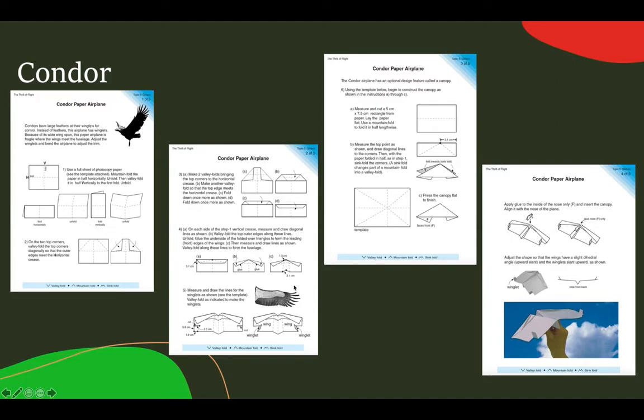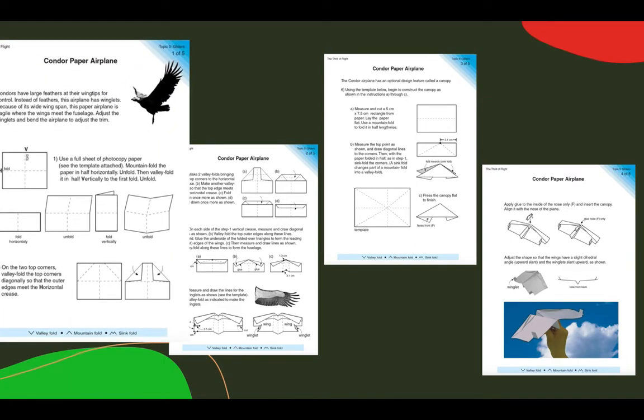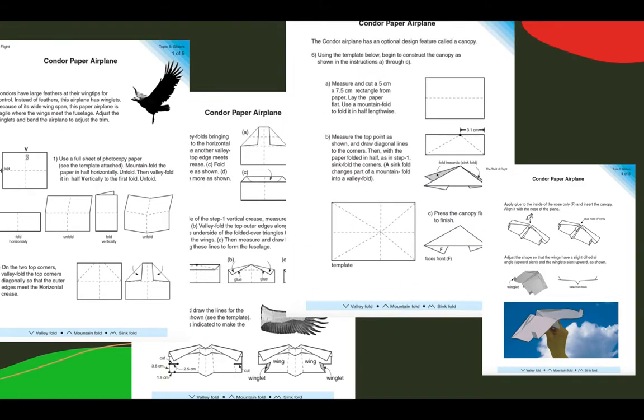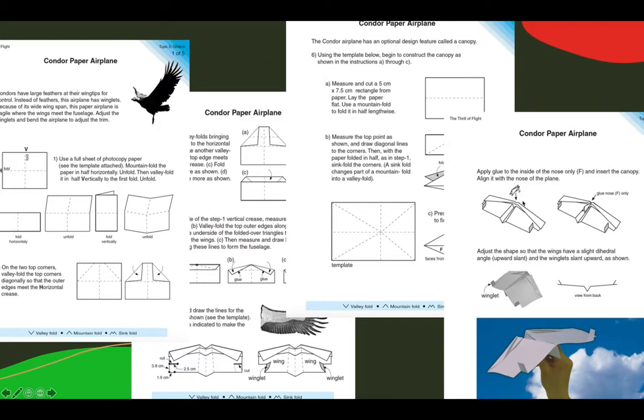The instructions are much longer, so it's much more complicated to make, but it looks pretty cool in the end. Another one you may choose: look at this at the very end here. Oh, wow, you have to make this nose for it. Cool.